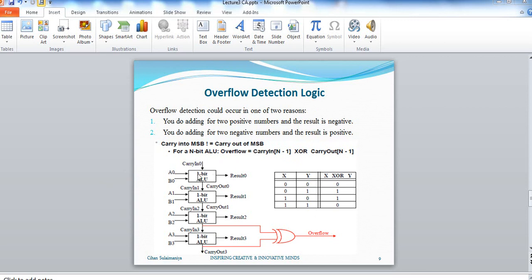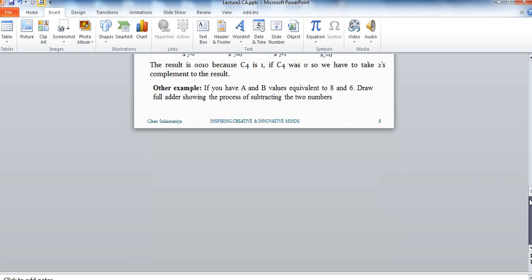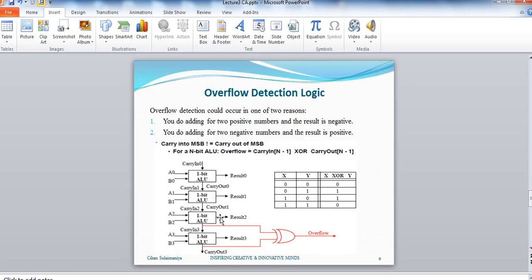Now you have the arithmetic logic unit design as you saw previously, with 4 full adders.